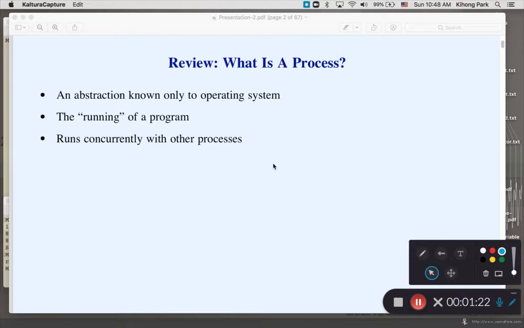But in modern hardware, the hardware itself has knowledge about threads, about processes at the hardware level. So this kind of a strict line is not true anymore, but it is okay to say that it's an abstraction known principally by an operating system, and that's how we will interpret this.